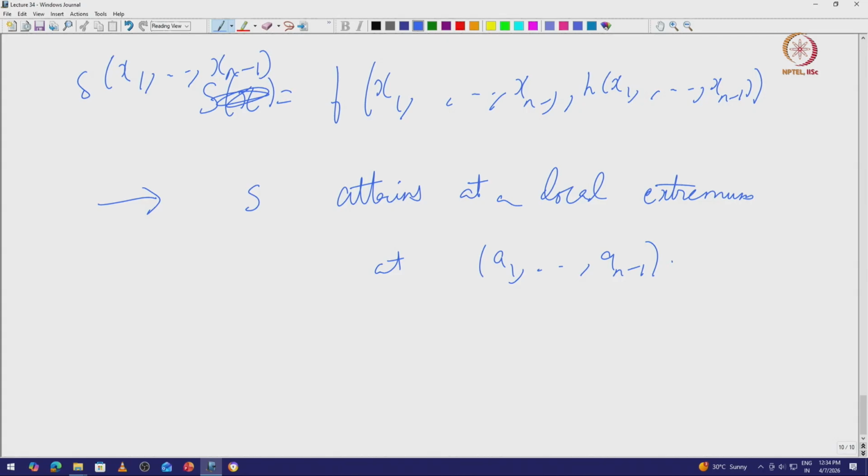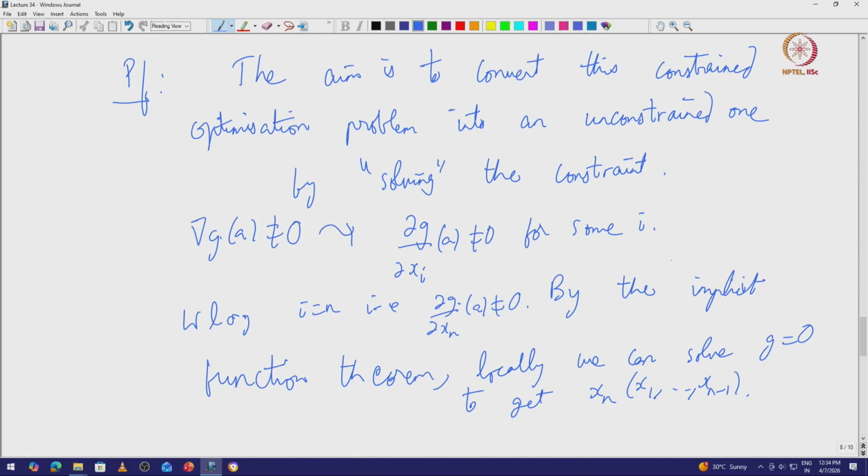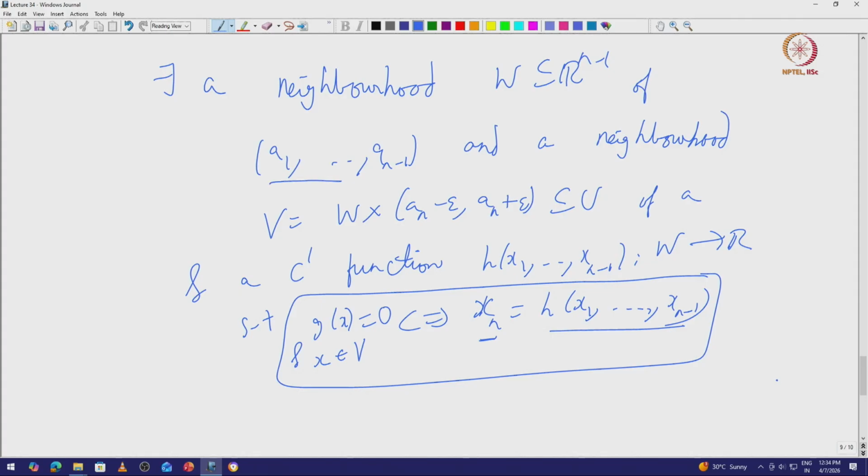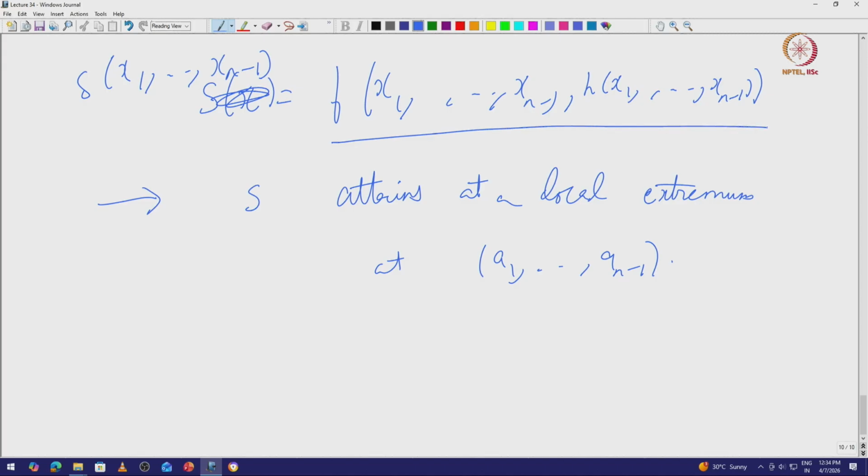Well, let's look at the hypothesis. The hypothesis is basically saying that a is a point of global, but in particular a point of local extremum for f subject to this constraint. And we have solved the constraint. What does this mean? For all x1 to xn minus 1 near a1 to an minus 1, this function is either larger than or equal to its value at a1 to an minus 1, or less than or equal to its value at a1 to an minus 1. So it attains a local extremum.